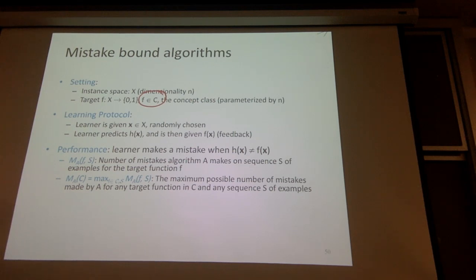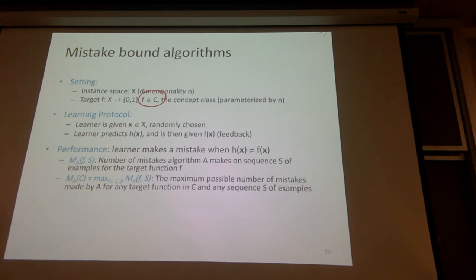Imagine that there's an adversary that's choosing the examples. The sequence S is not being constructed randomly, but it's being constructed adversarially. It presents the worst set of examples in order to make the learner fail. So M_A(C) is the maximum possible number of mistakes made by the algorithm on any target function for any sequence of examples.